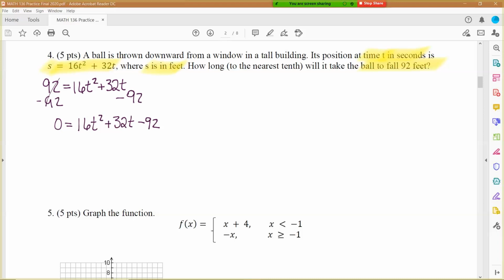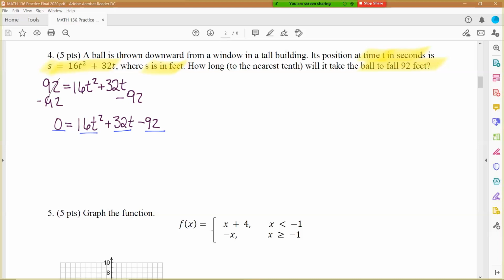So I could try to factor this using my asterisks, but when I would fill out my asterisks, when I took a times c, I'd have to take 16 times 92, which is going to give you a gigantic number. So first thing I would do is try to reduce this. Can you think of a number that you can divide all 4 terms by? Well, they're all even, so you can at least do 2.